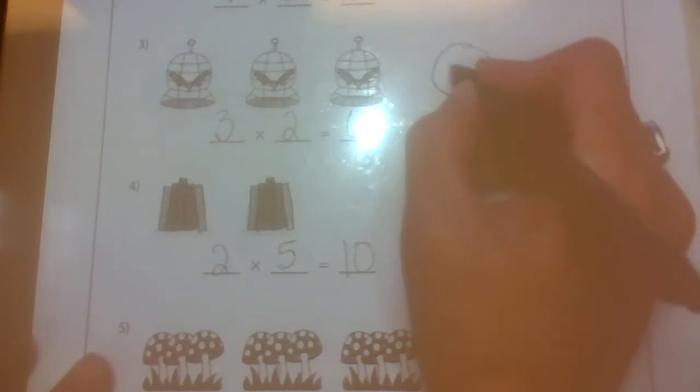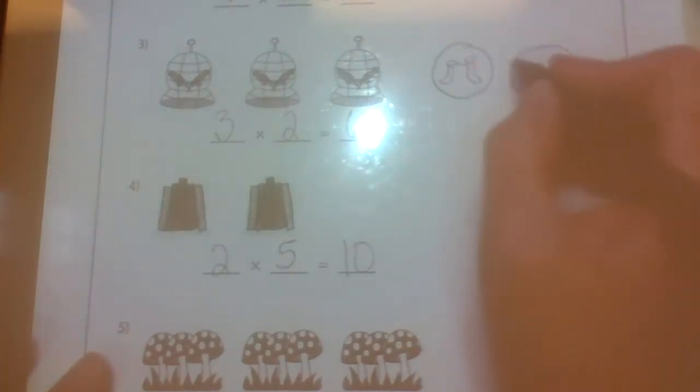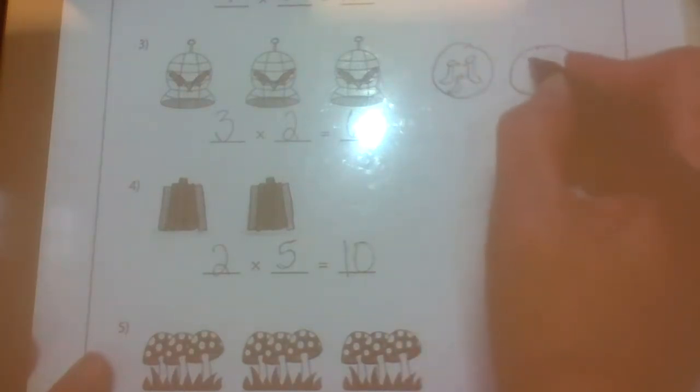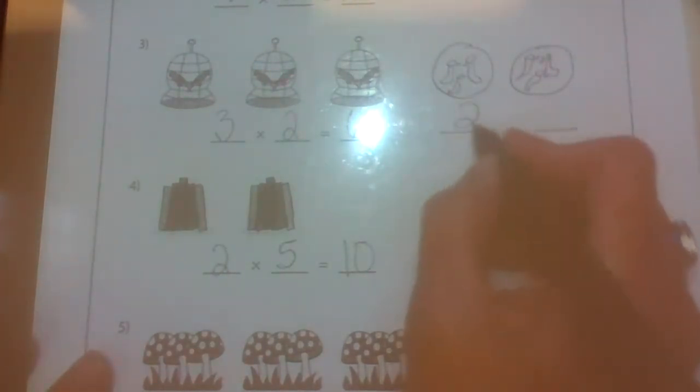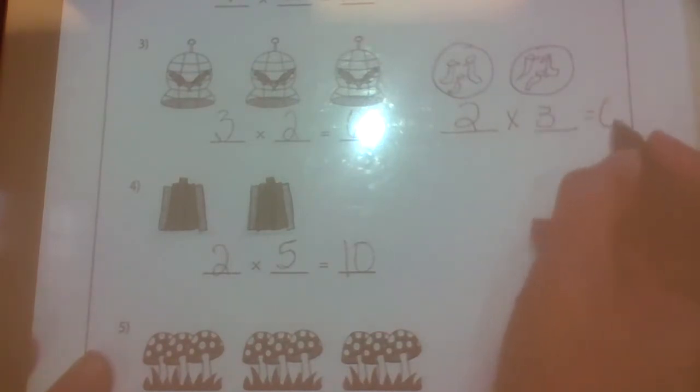If I just do a little bird like this, and do another little bird like this, this is what 2 times 3 equals looks like. Okay, I know these are scary looking birds, but remember it's math, not art. So this would be 2 groups times 3 in one group equals 6.